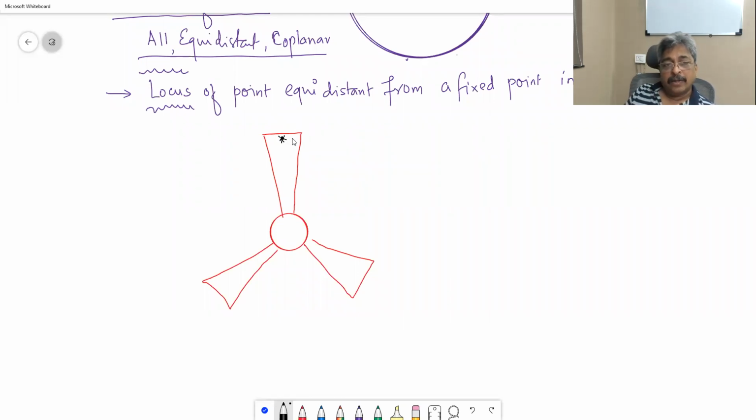Now the insect is moving from this point to the center, because the insect knows that the centrifugal force, the moment the fan gets started, will act on it and it will be thrown away. Because of the laws of physics, if the insect is away from the center, the chances of getting thrown are more compared to the center.